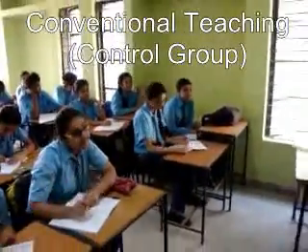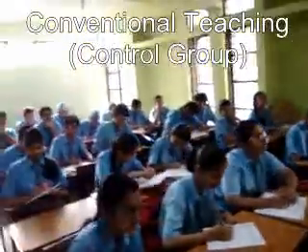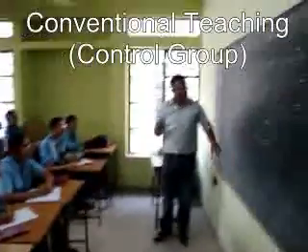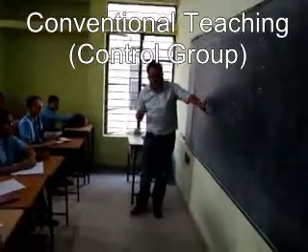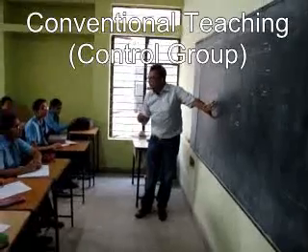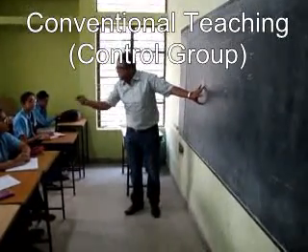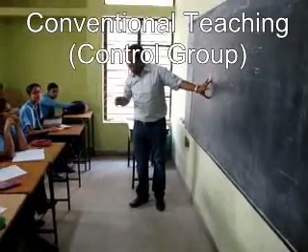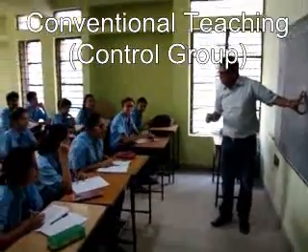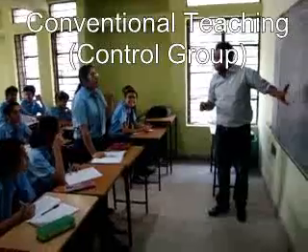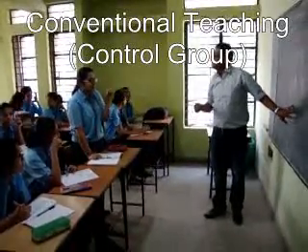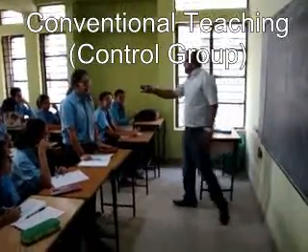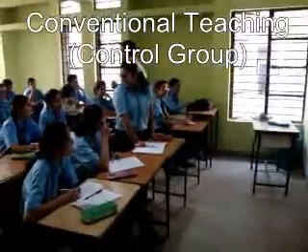Now, if x is greater than 0, okay, who can tell me what do I write here? If this condition, x greater than 0, is true, what has to be displayed? Positive. So what will be the statement? Tanya, stand up. Positive. If somebody is giving an answer, you should appreciate.